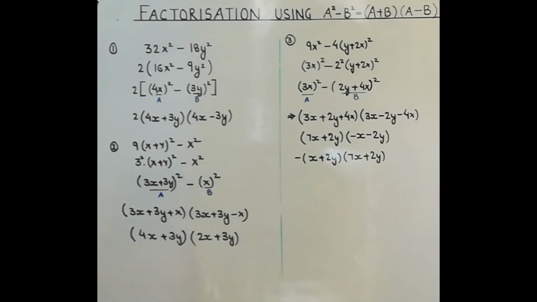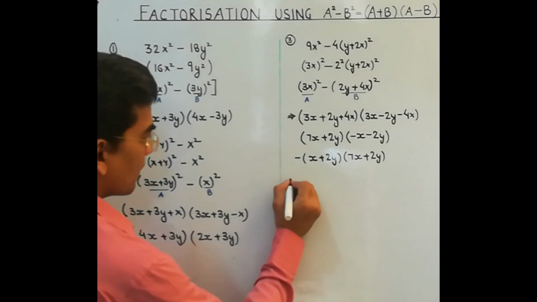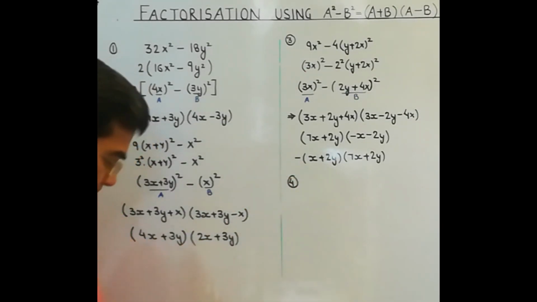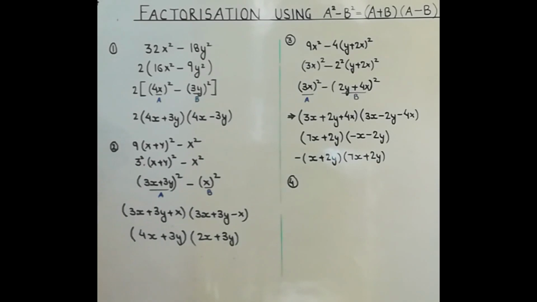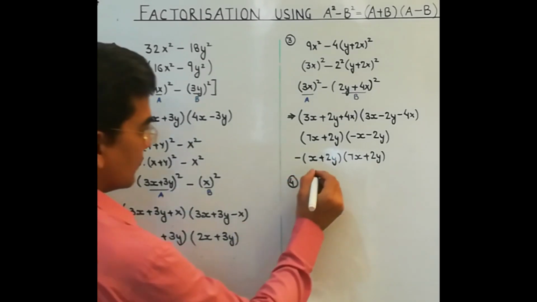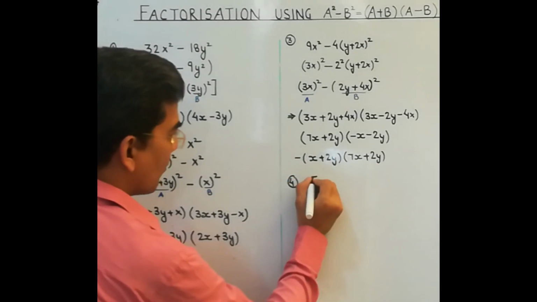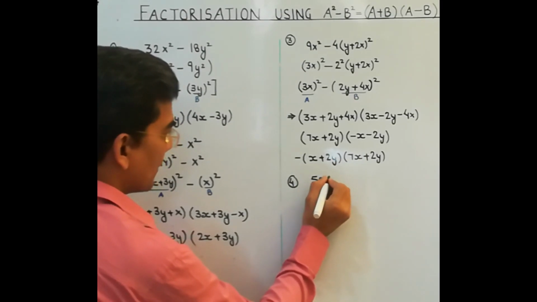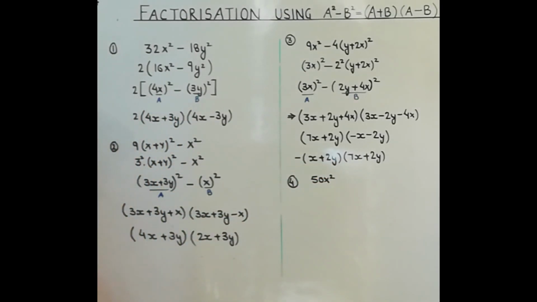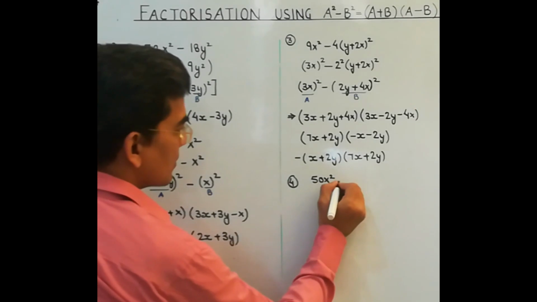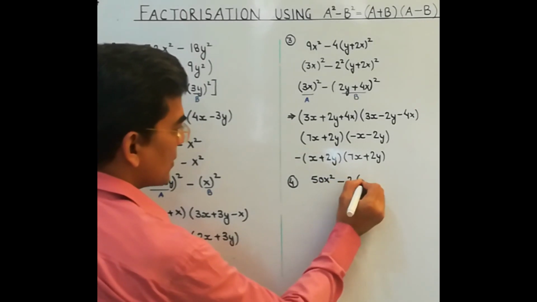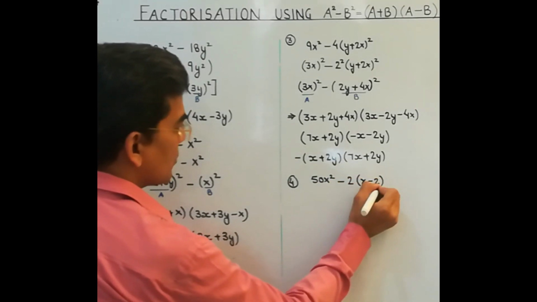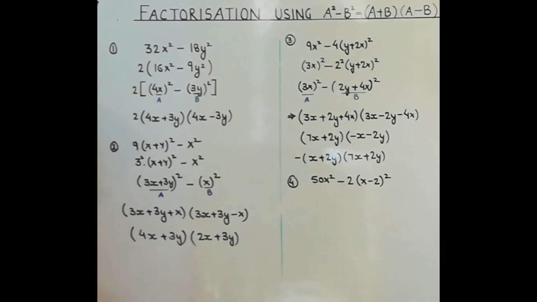Question number 3. Okay, now the next question. So we have 50x square minus 2 times x minus 2 whole square.